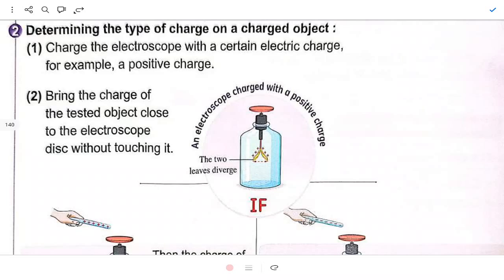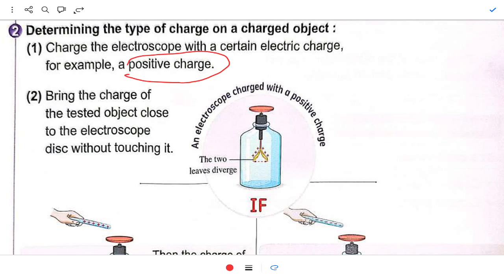Now let's do this. If you want to determine the type of charge on a charged object, you will do the following. First, charge the electroscope with a certain electric charge. For example, you will charge this disc with a positive charge.